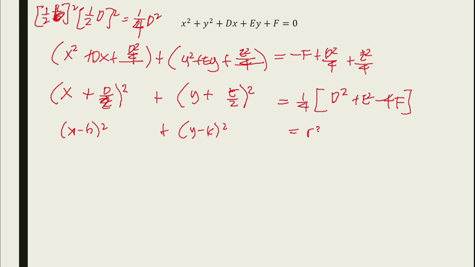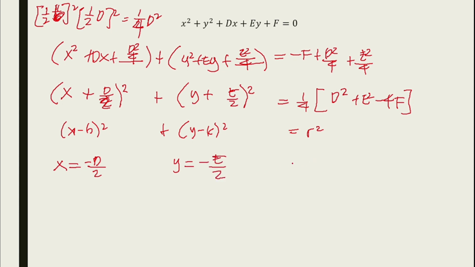Now the x of the center is negative d over 2, and our y is negative e over 2. And the radius is r.